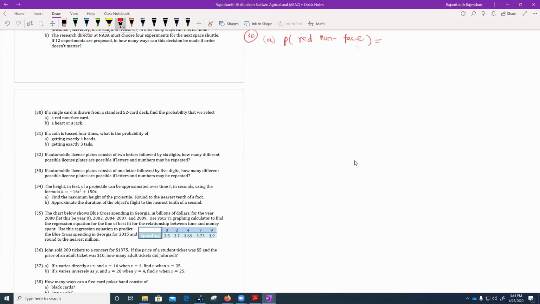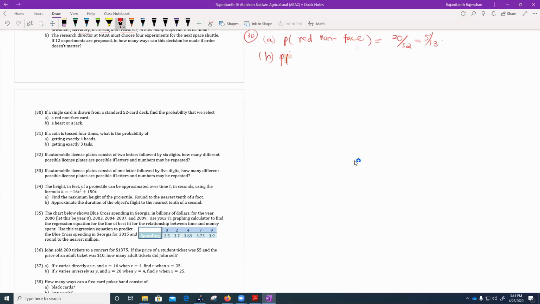Red means diamonds and hearts. There are 26. Among 26, there are 6 face cards. Therefore, the remaining 20 are non-face out of 52. If you simplify, this is 5 over 13, right?